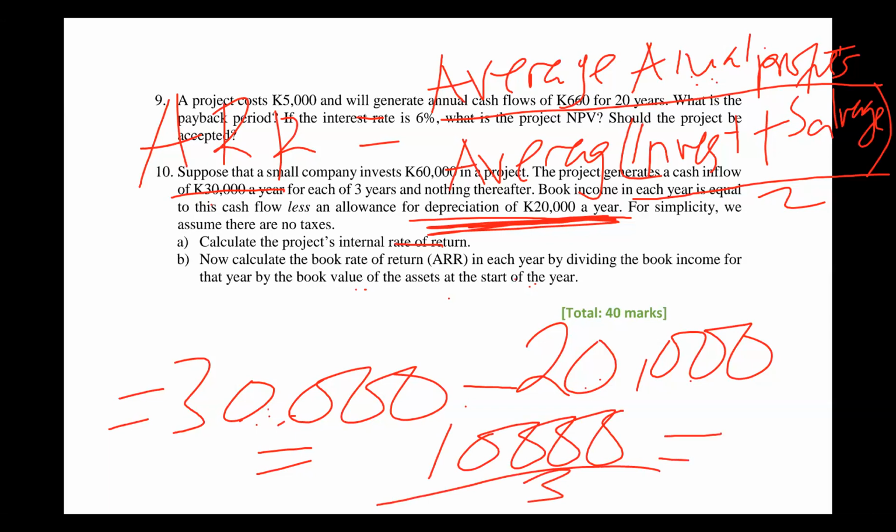What do you find as the average annual profit? It will be 3,333.4.